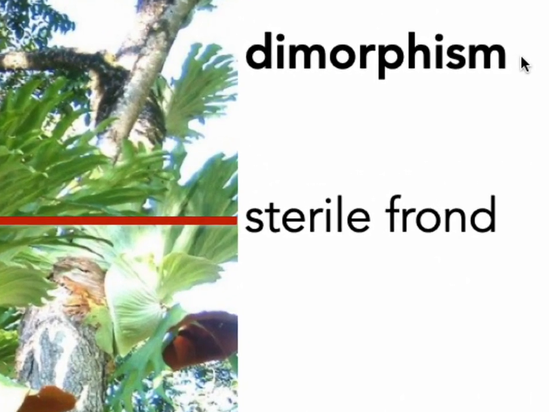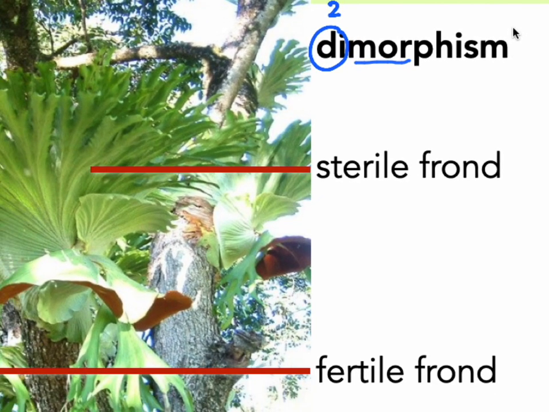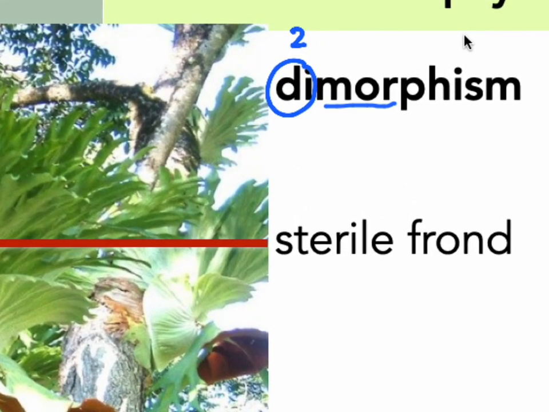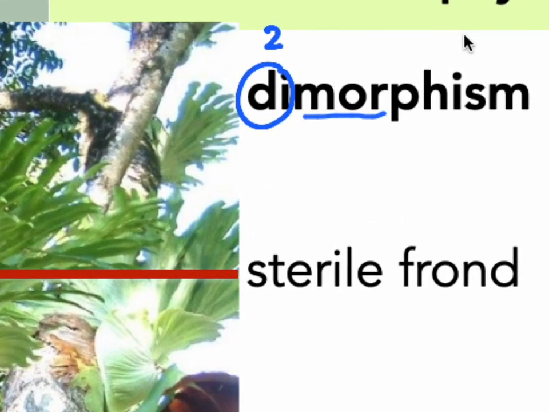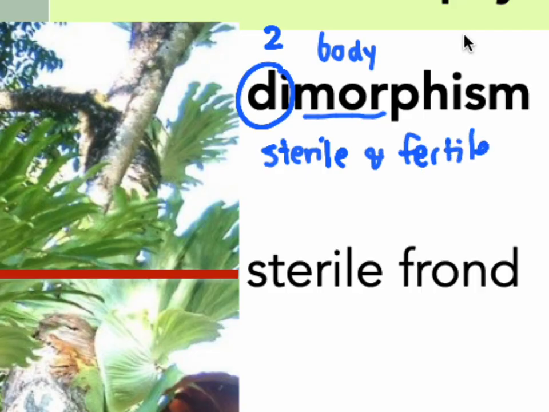So again, di means two, like two types, right? Dimorphism. Di means two, morph means body, two types of form. So this is when sterile and fertile fronds are different.